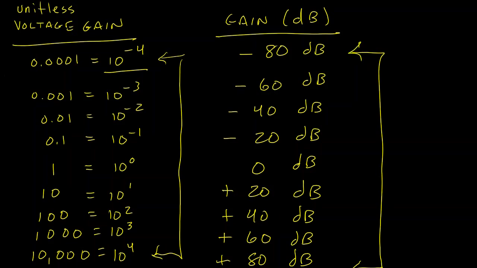So that's really why we want to use it. What we've done is essentially compress the dynamic range by using a logarithmic scale for our values, and that's the purpose of the decibel scale.